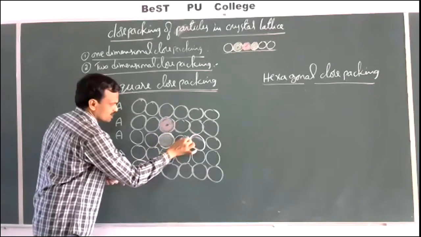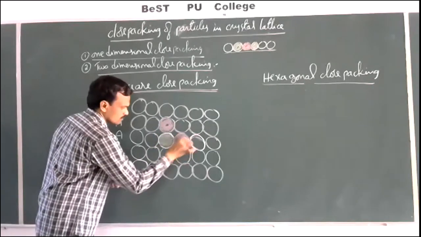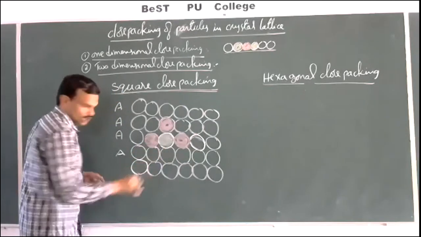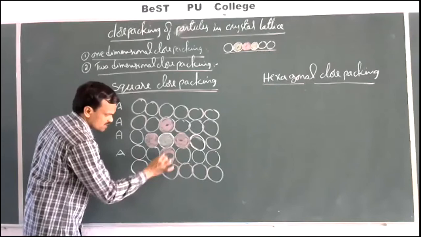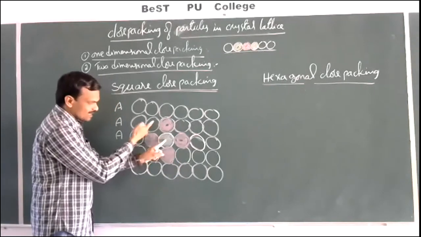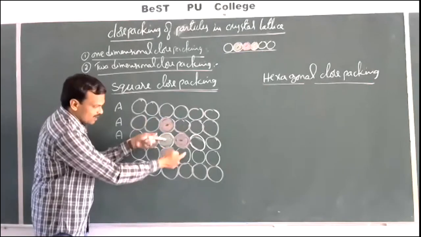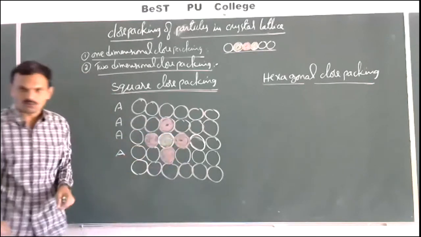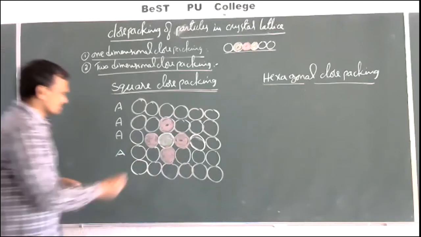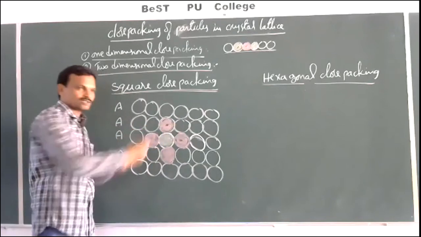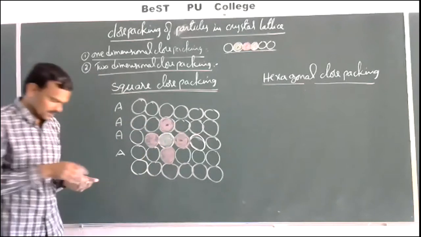This is in contact with this sphere, two. This is in contact with this sphere, three. Now it is in contact with this sphere, four. So if you observe clearly, this is not in contact with this or these two. It is in contact only with four spheres, not eight. Surrounded by eight, but in contact with only four spheres.